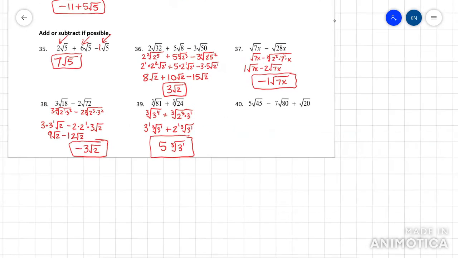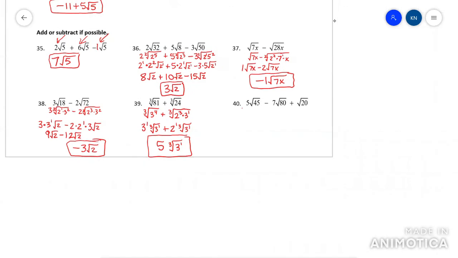Okay, and then this last one, same thing, break down the numbers. Okay, you're taking out groups of 2.